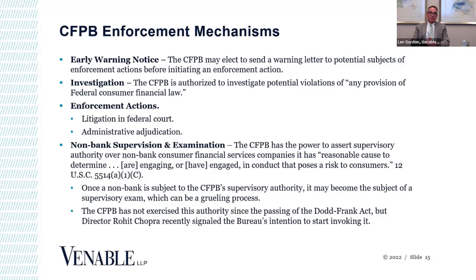It also has the authority to issue what are called market orders, similar to the 6B orders that the FTC can authorize, but to study markets. And it has used the authority in the payment space, sending, I would call blunderbuss subpoenas, CIDs, to the large platforms regarding how they process payments.